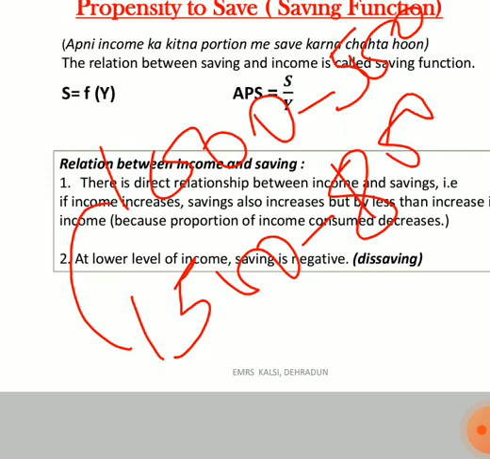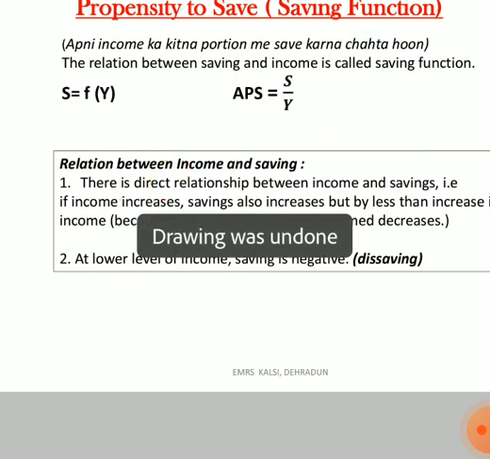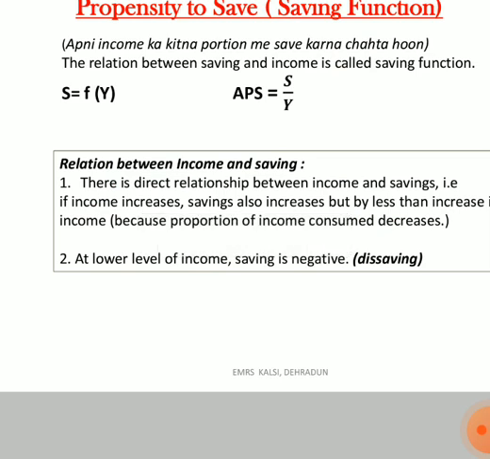So with the increase in income, your savings is also increasing, but in less quantity. Now the next point is that at a lower level of income, saving is negative, or you can say dissaving.